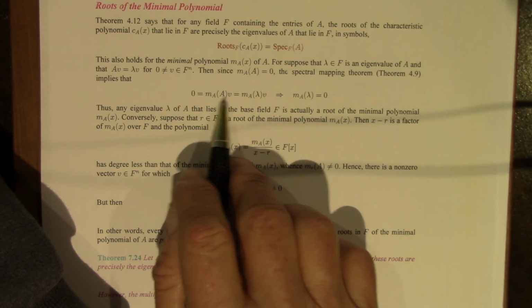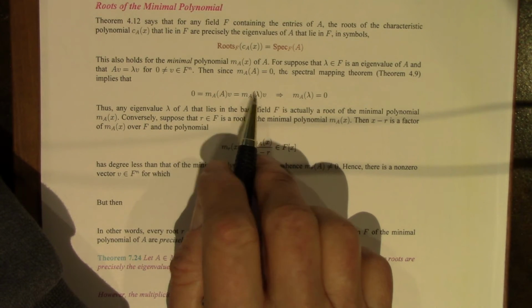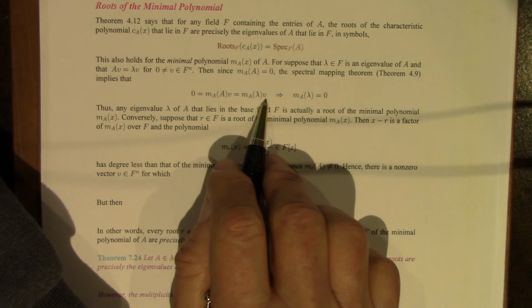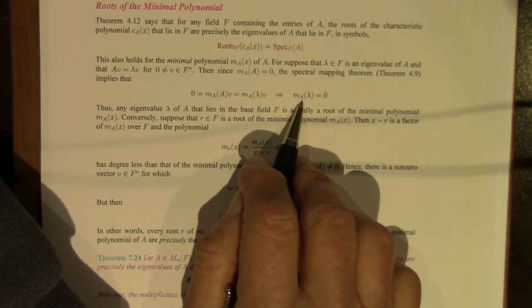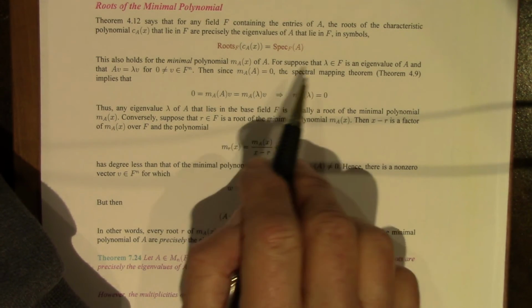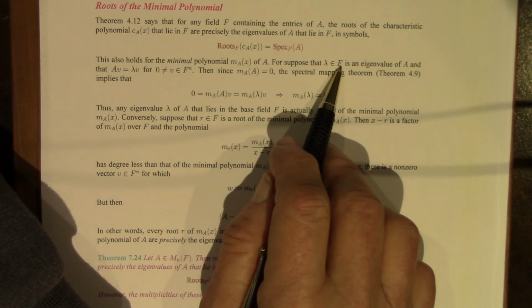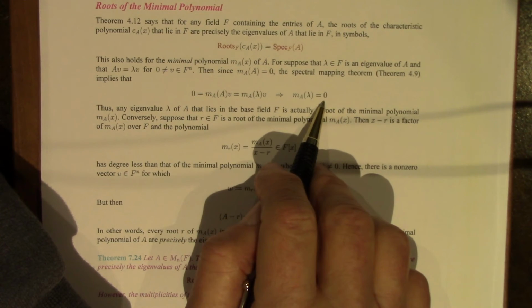It says this is equal to this. Well, if this product is 0, this is a scalar multiple of v, and v is non-zero, the scalar must be 0. So any eigenvalue in the F spectrum is a root of the minimal polynomial.